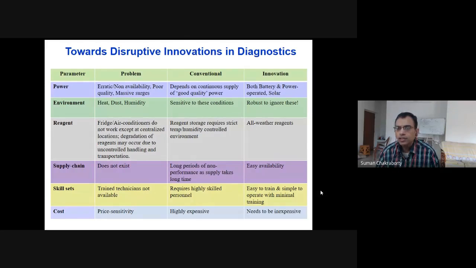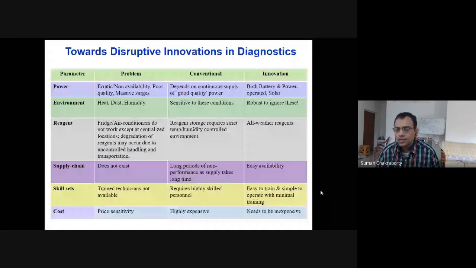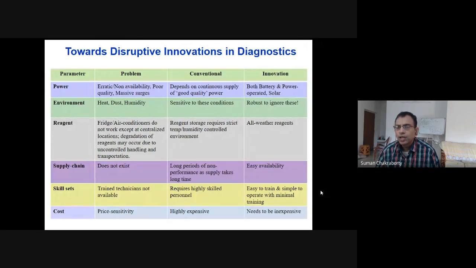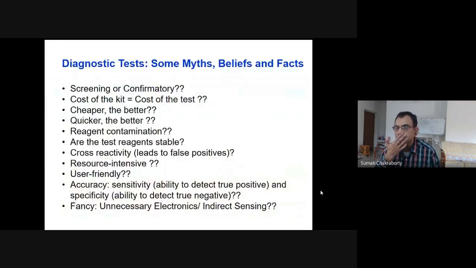The environment is hot, dusty, humid. The reagent storage is not well supported by proper refrigeration units. The supply chain of reagents doesn't exist. Trained technicians are not abundantly available, and there is extreme price sensitivity.